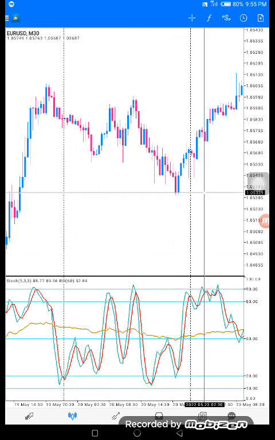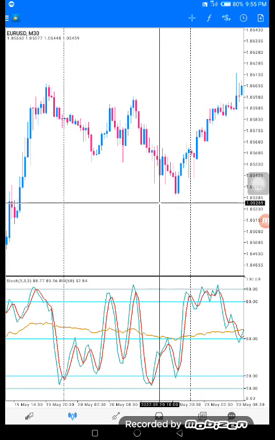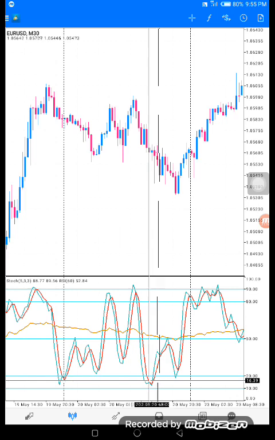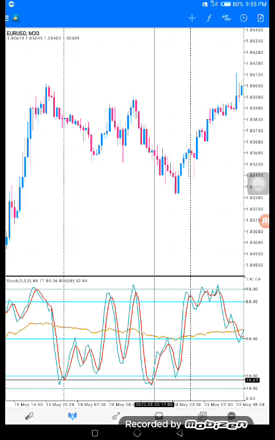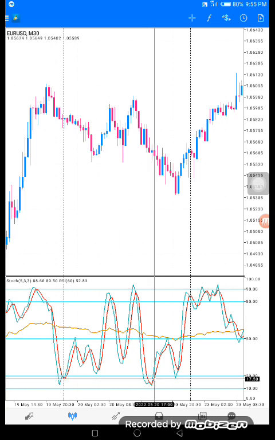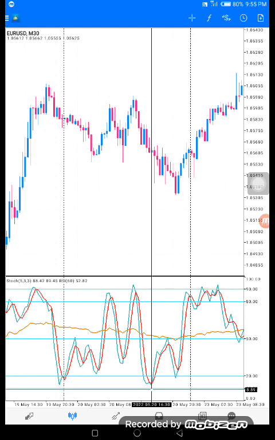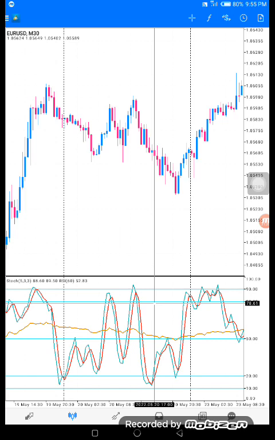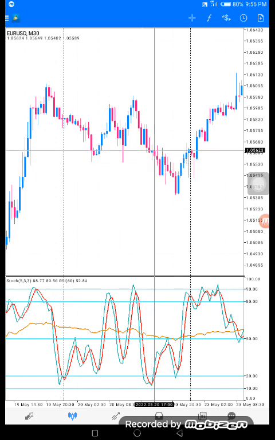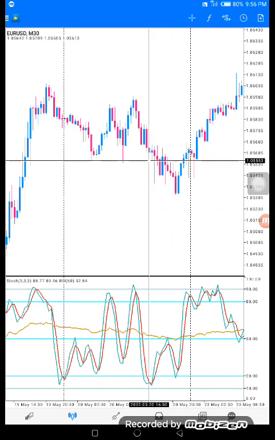Alright. And there's another crossover here. Another crossover here. I think this should be your entry candle, and you place your stop loss below the previous candle.